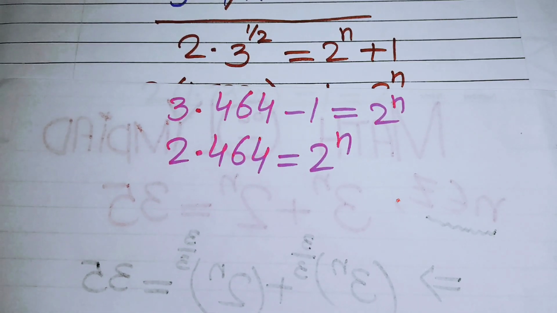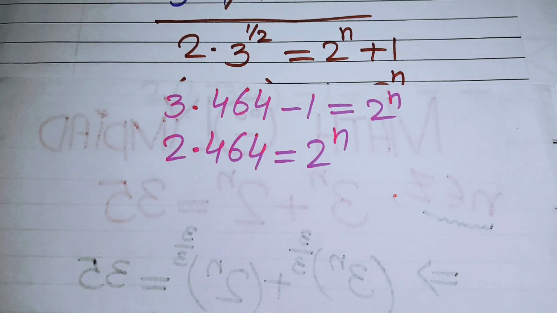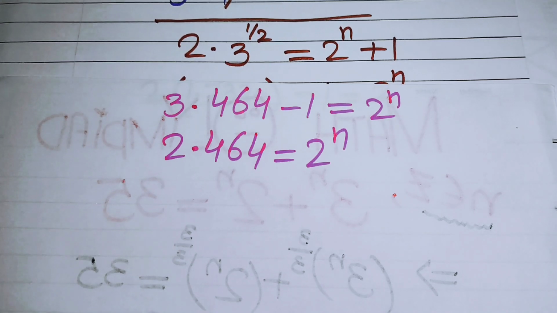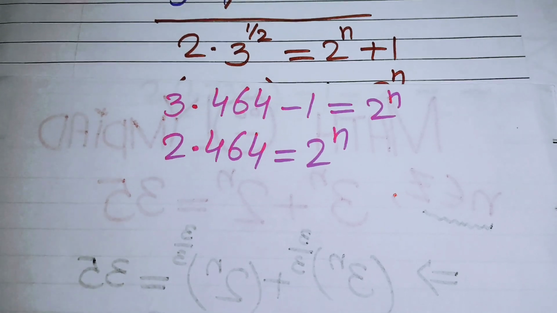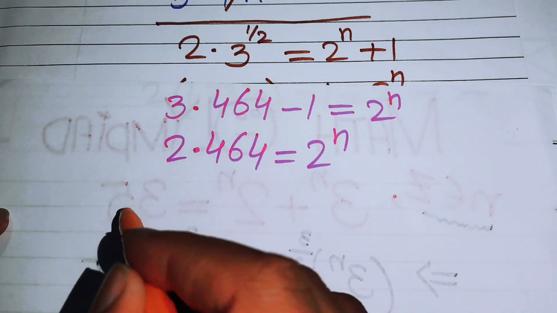And now our aim is to find the value of n, so in order to find the value of n, we need to take the log on both sides of this equation, so here we take ln on both sides.